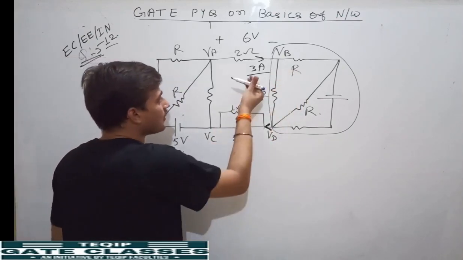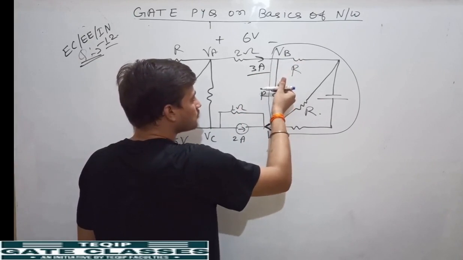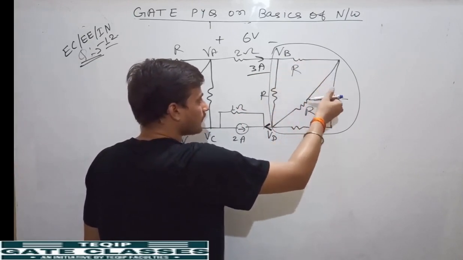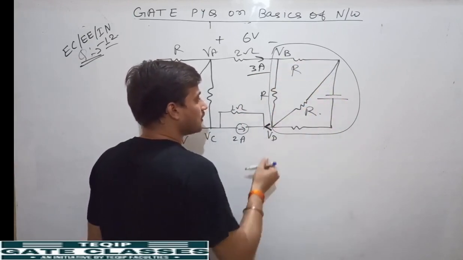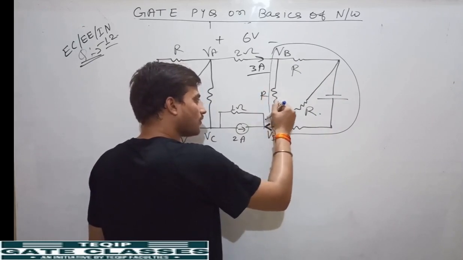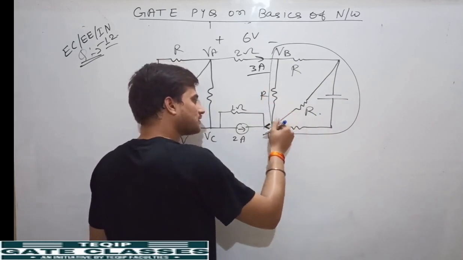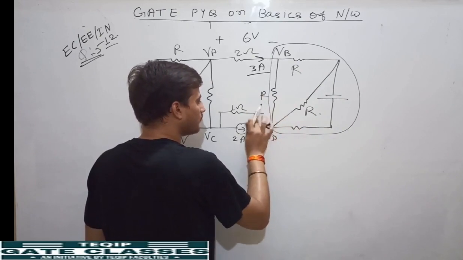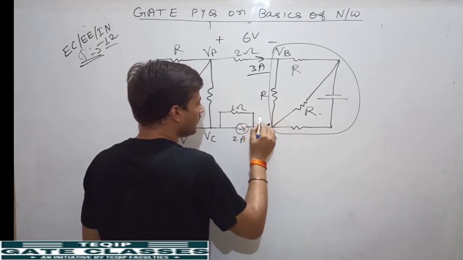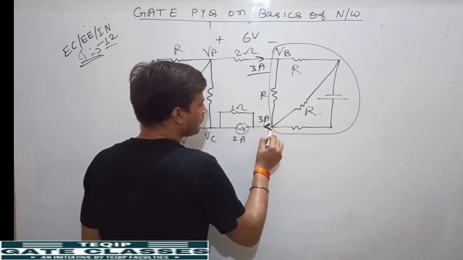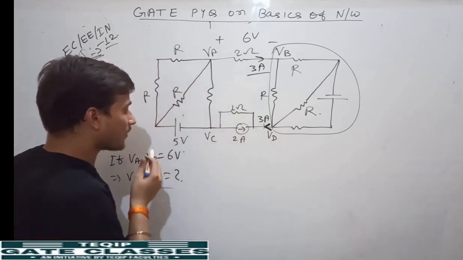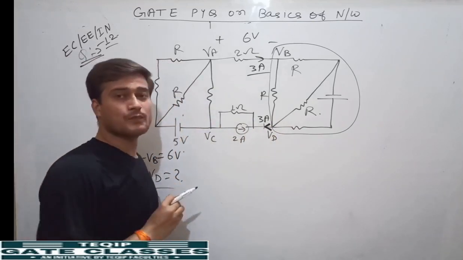Suppose 3 ampere of current has been divided into these two branches. Further the current will be divided into these two branches. But at last the sum of current of all these three branches will be equal to 3 ampere. So here the current will be equal to 3 ampere.